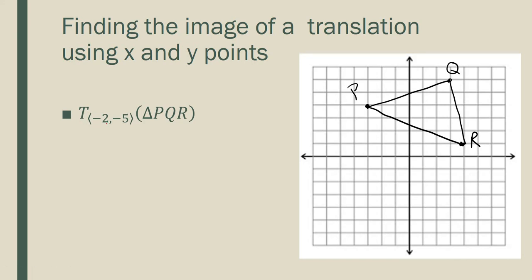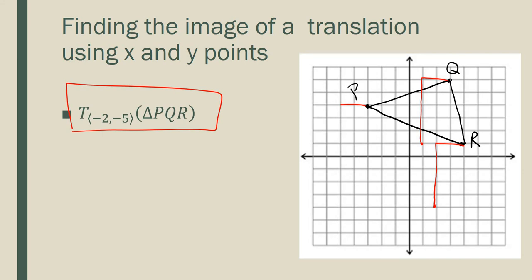So finding the image of a translation using X and Y. So let's say this is my original triangle and I want to translate it using -2, -5. So P is going to go to the left 2 and down 5. Q is going to go to the left 2 and down 5. And R is going to go to the left 2 and down 5.